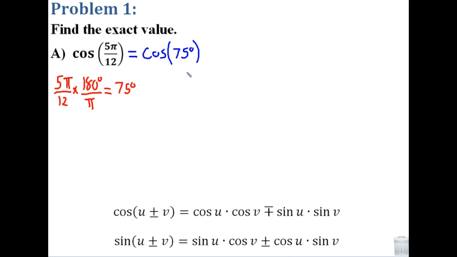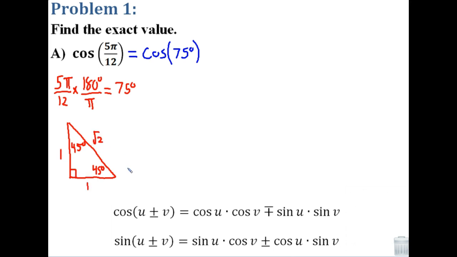Now the trick is going to be writing this 75 degrees in terms of angles I know how to find the sines and cosines for. Remember, the angles we know are 45, 30, and 60, coming from our 45, 45, 90 right triangle, which had sides of 1, 1, and root 2.